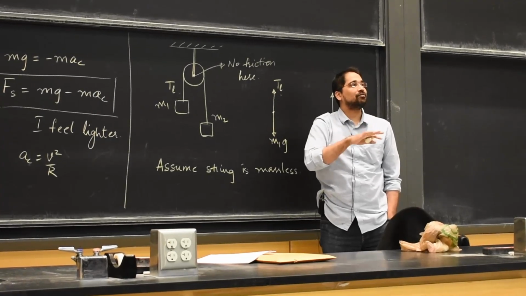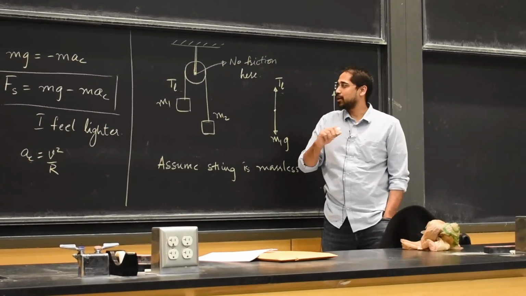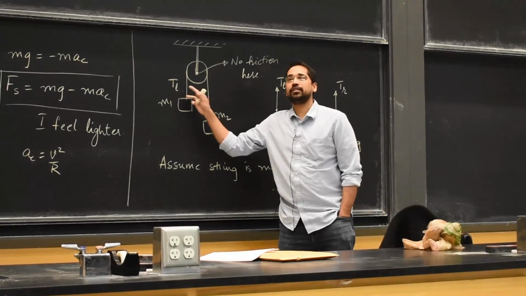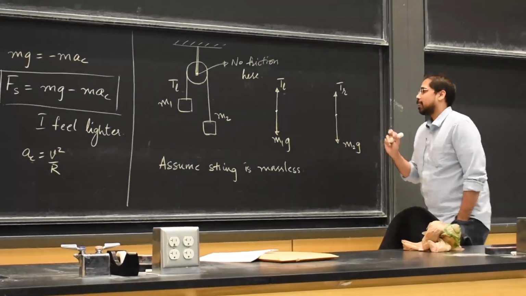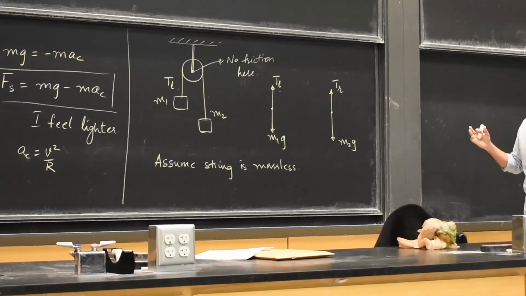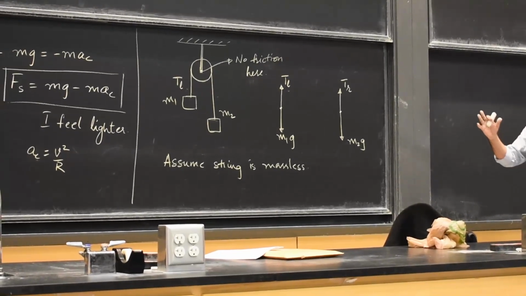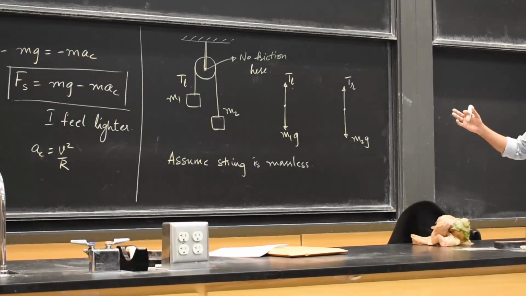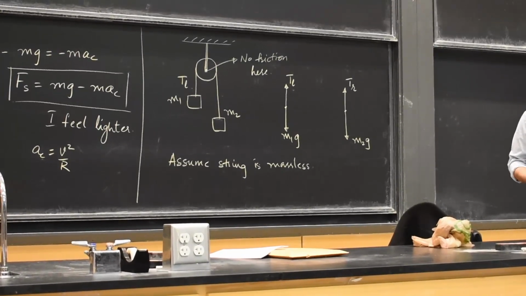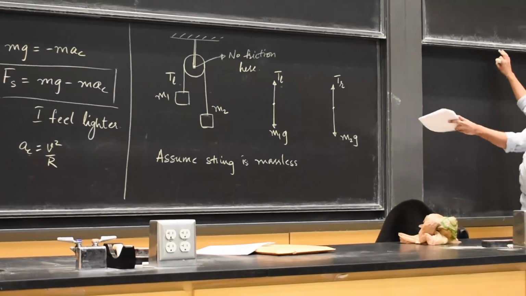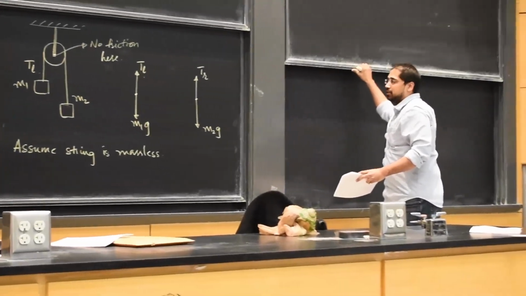One half no. Okay, in general, there is no reason for me to assume that they are the same. But if the string is massless, we can in fact show that assumption is valid. So the massless string assumption is very useful.